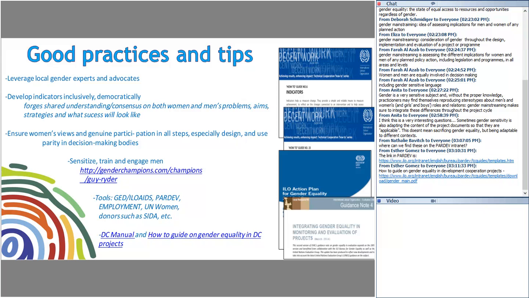The third tip I'll share with you is ensuring women's views and genuine participation in all the steps, especially the design. We've already talked about that. And using parity targets in decision-making bodies. I've talked about that a couple of times, and if you need more information on that, I'm happy to share. Sensitizing, training, and engaging men. We already talked about that, and I gave you the hyperlink to see our own Director General Guy Ryder's Gender Champion Commitments.